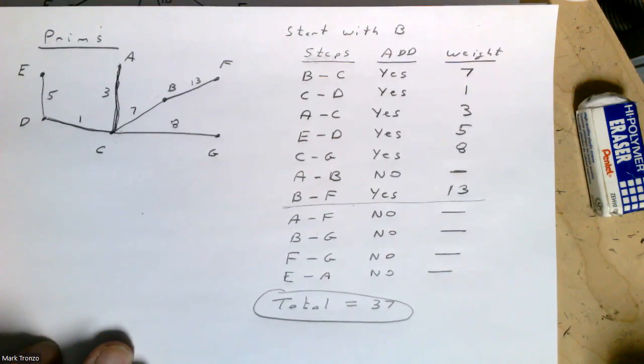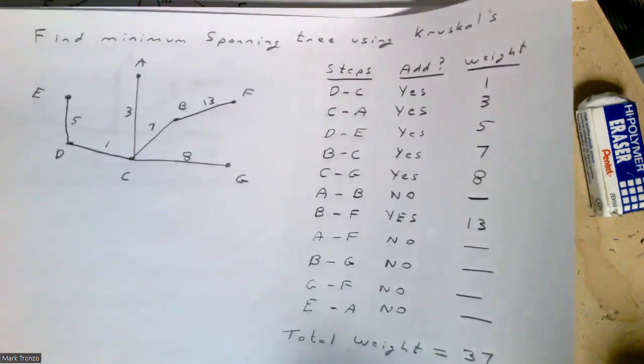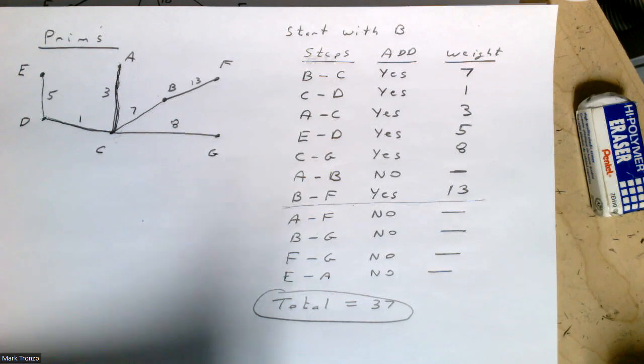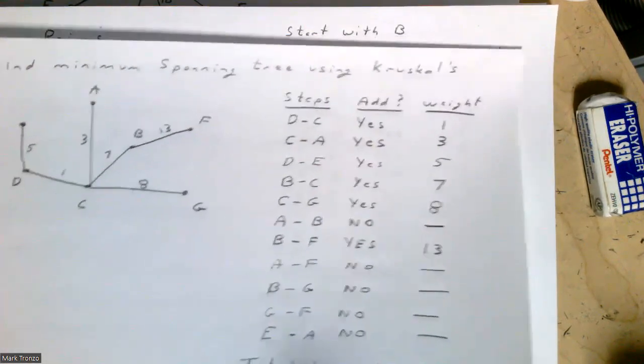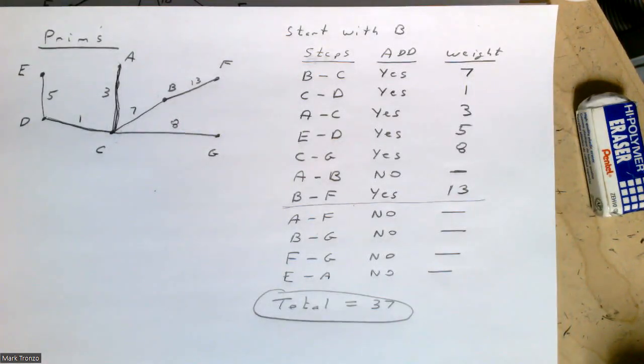If you look back at Kruskal's, which was here, the graph was exactly the same. So Prim's or Kruskal's will give you the same minimum spanning tree with the same weight. And it's good to know how to do either algorithm.